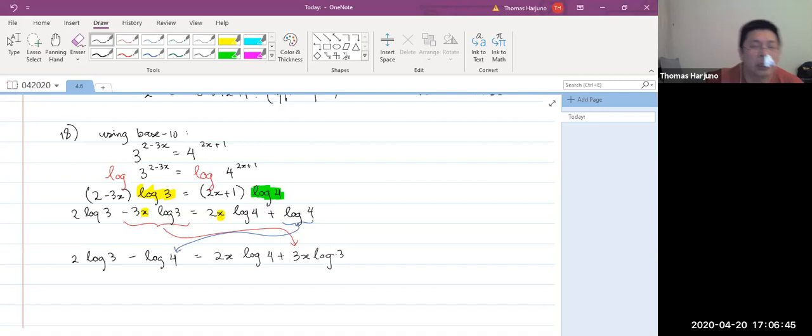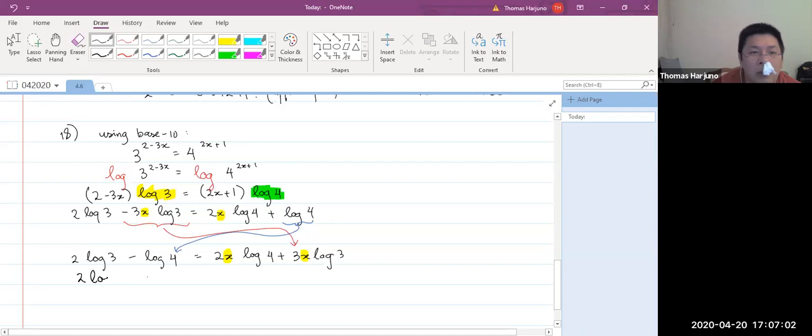So basically, this time I have my x terms on the right-hand side. Once the x terms are on one side, I can factor out the x, right? So I have 2 log 3 minus log 4 equals x times, factoring the x, 2 log 4 plus 3 log 3.